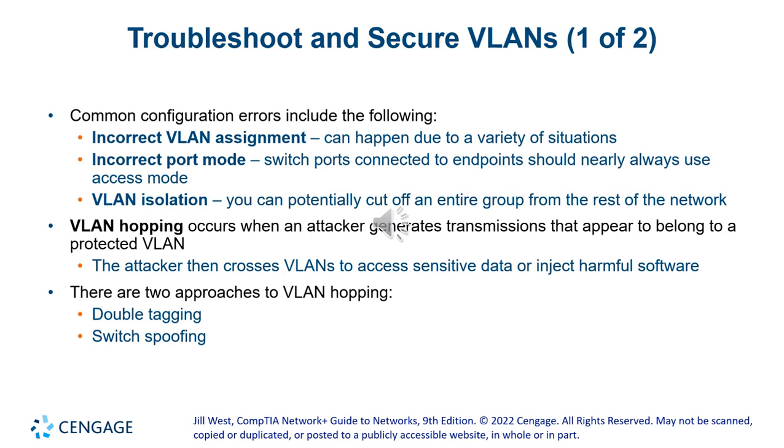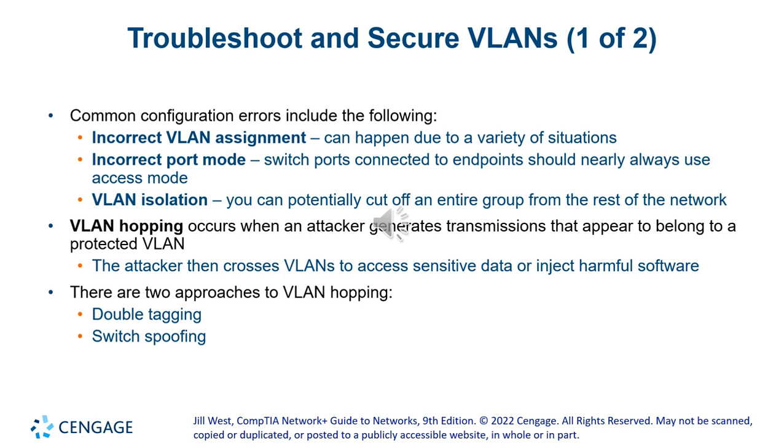You can also get some errors on your VLANs. If you got the incorrect VLAN assignment, you'll be connected to the wrong VLAN. For example, if your computer gets connected to the voice VLAN, you don't have access to the internet. So you try to go to Google or something like that, and it doesn't work because you're on a VLAN that has no access to the internet.